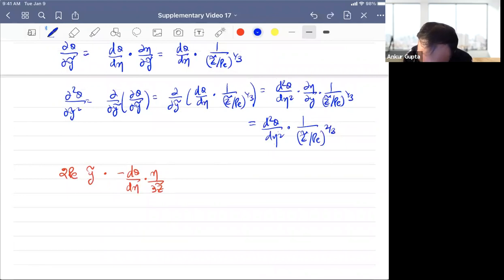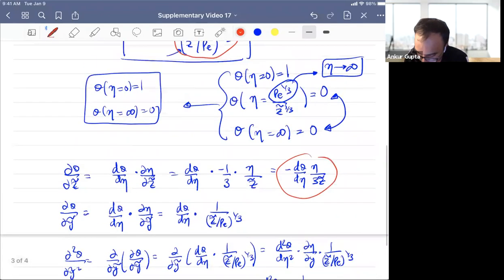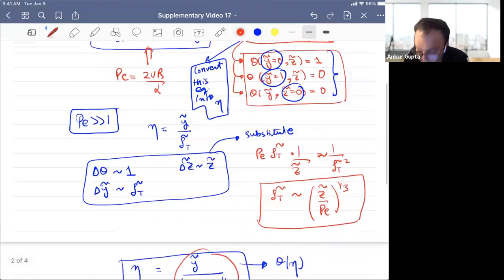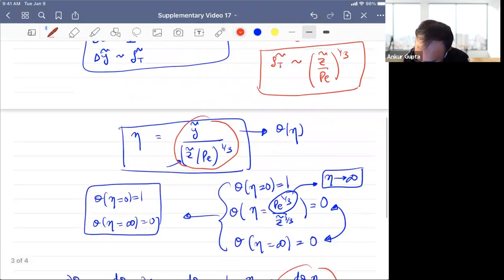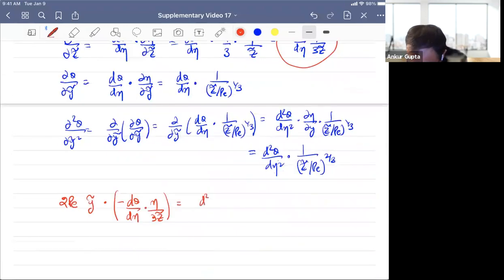And the right hand side is del square theta by del y square, which is simply d square theta by d eta square times 1 by z by Peclet to the power of 2 by 3.